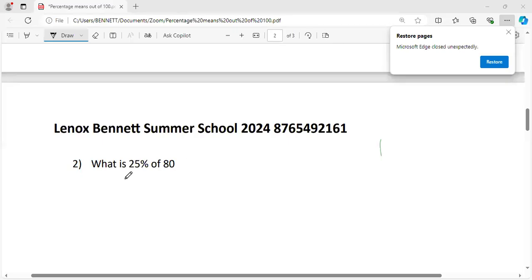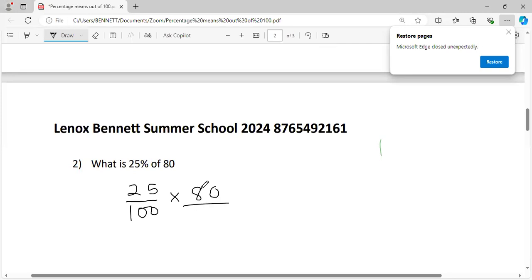All right, so this is how we're going to approach it, guys. What is 25% of 80? Now we know that percent means out of 100, so we have to put it over 100, times by 80 over 1. And this is where the challenge is going to come in, guys.